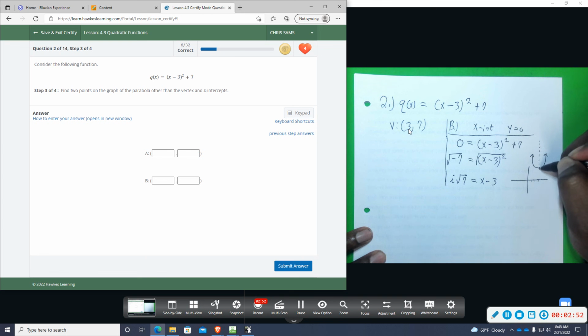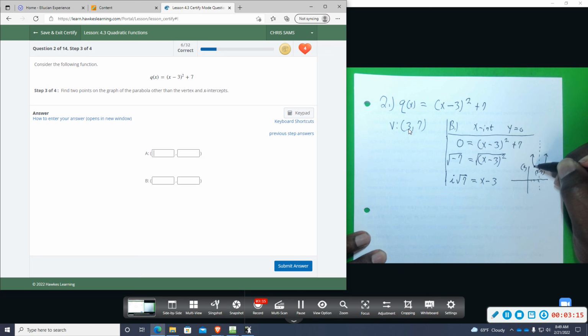So it means once you find that vertex, it splits this thing right in the middle. And so if I were to go to some point over here, say 2, and I get my y value, it's going to be the same value when I go 1. So this ordered pair is 3, 7. So as I move 1 in either direction from the x, the y value is going to change by the same amount.